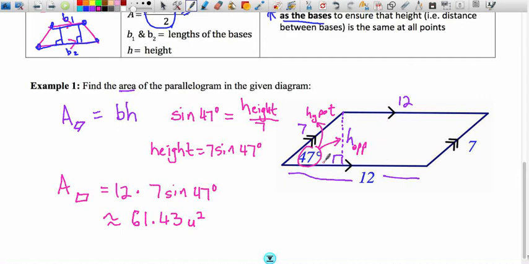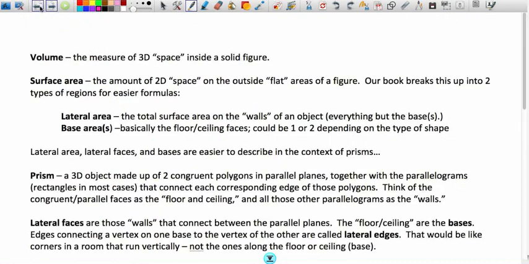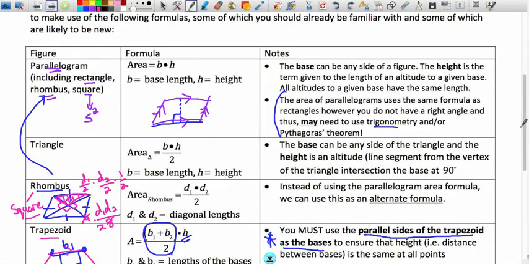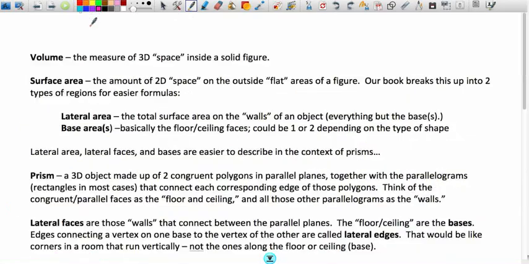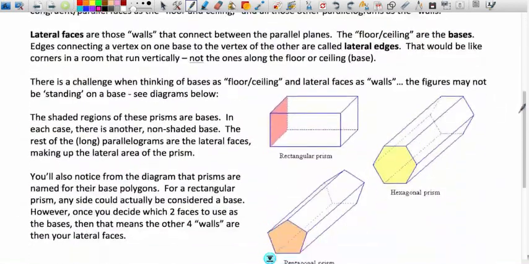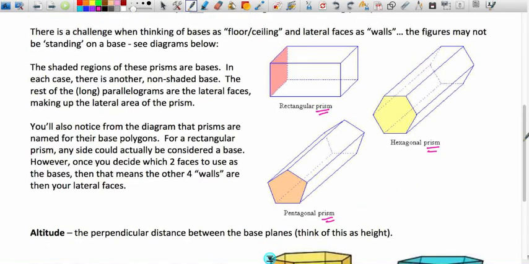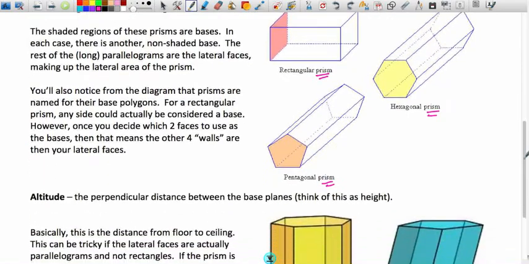Okay, so that's a quick introduction to area, and the reason we need the area of our two-dimensional figures, so all of these are two-dimensional figures, is that they in turn are going to make up the bases. As you can see from the diagram over here, they're going to potentially make up the bases of our prisms. And so what we really focus on is right prisms.